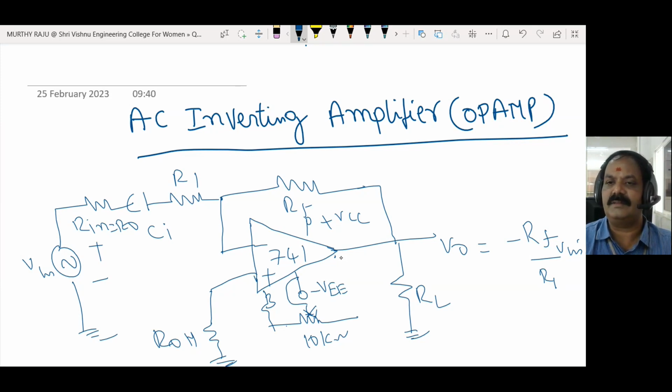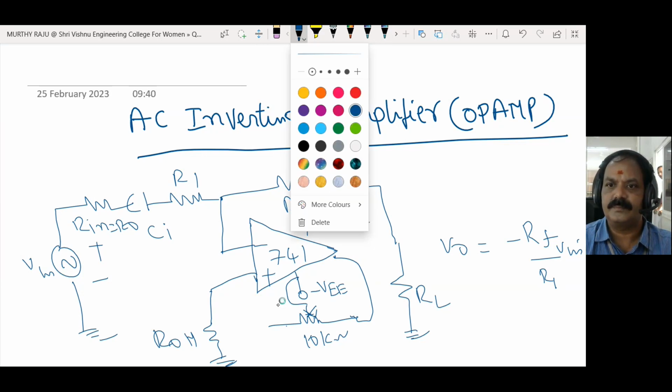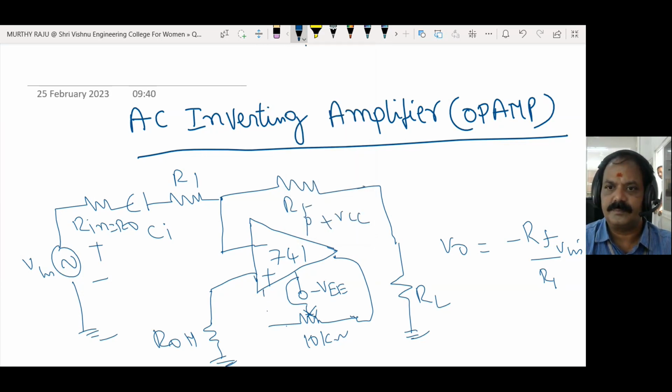These are the offset terminals. This one is offset.